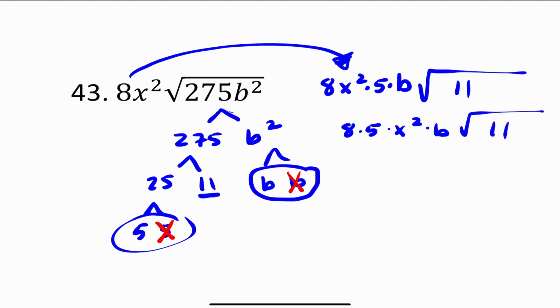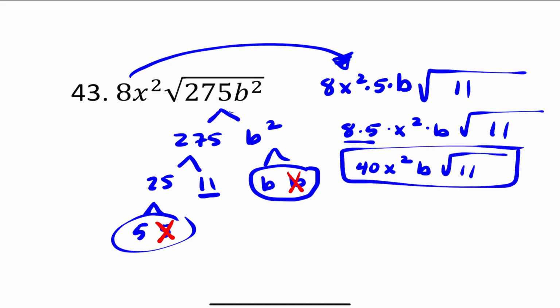Root 11. So I have my coefficients. 8 times 5, that is not 35, that's 40. And then I have x squared times b. X squared times b, if you multiply them, it's going to remain the same. Okay, 40 x squared b root 11, and this is my answer.